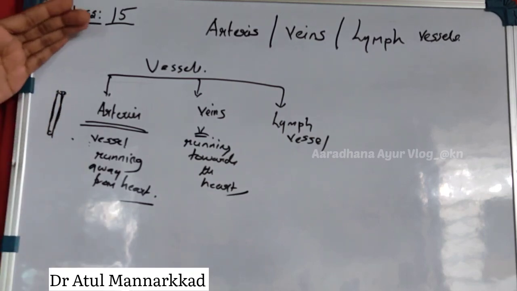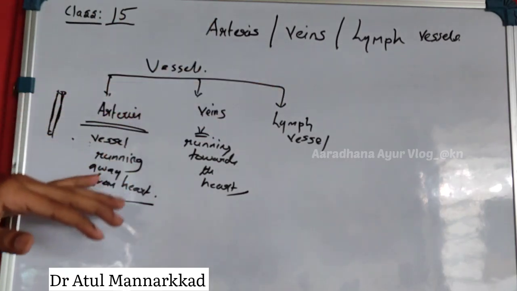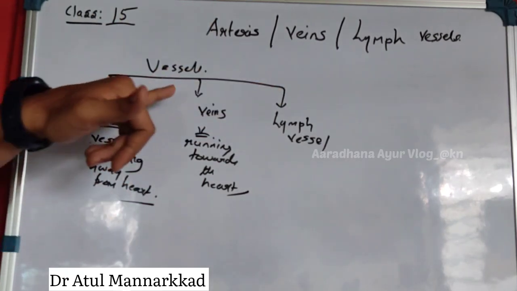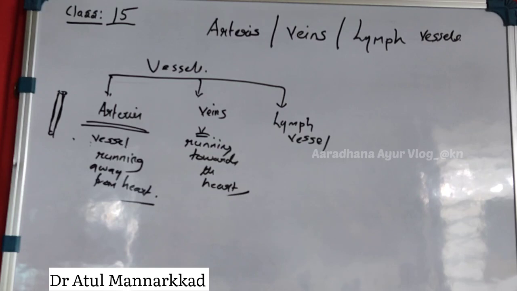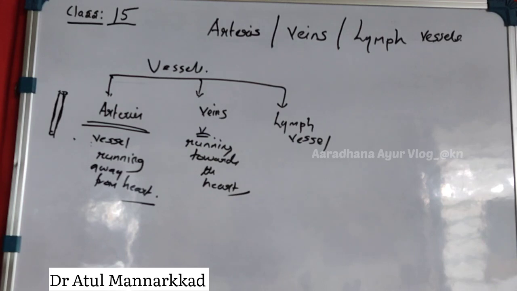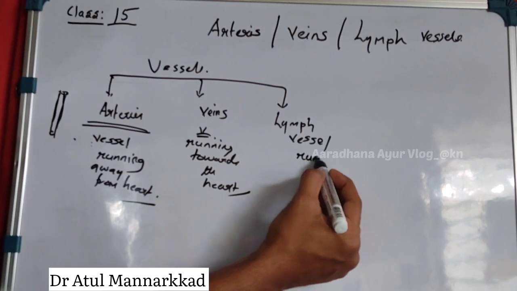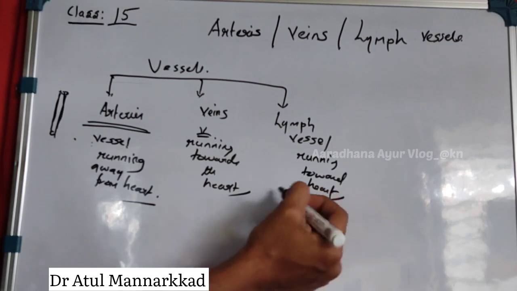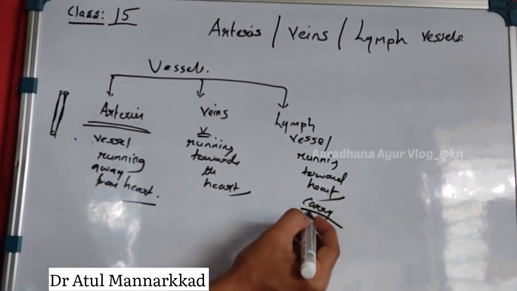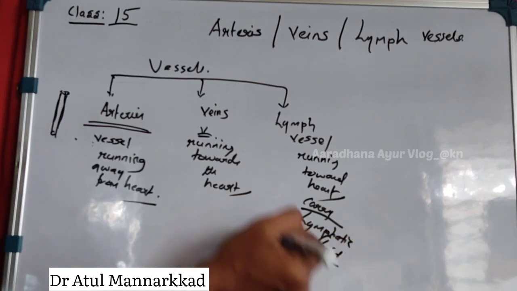Just to know, blood vessels are divided into arteries, veins and lymphatic vessels. Arteries are the blood vessels which are running away from the heart. Veins are the blood vessels which are running towards the heart. Lymphatic vessels are also running towards the heart, but they carry lymphatic fluid.